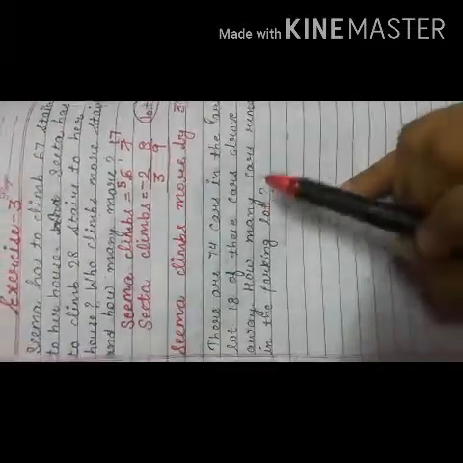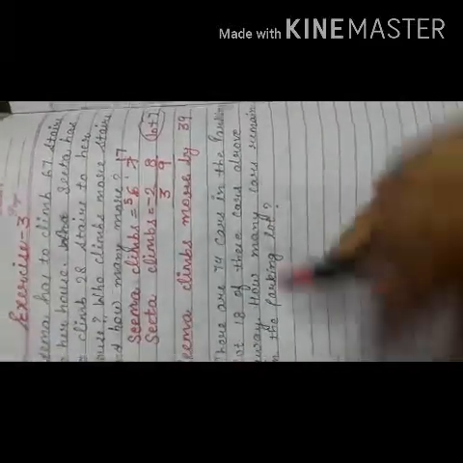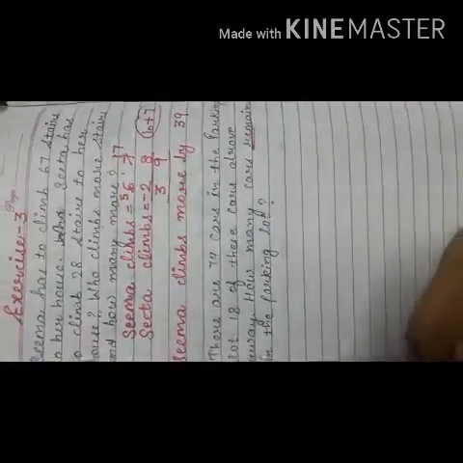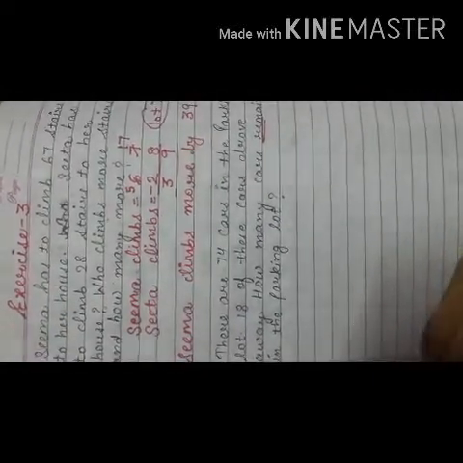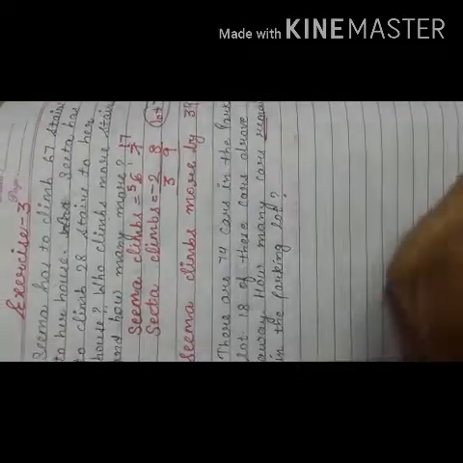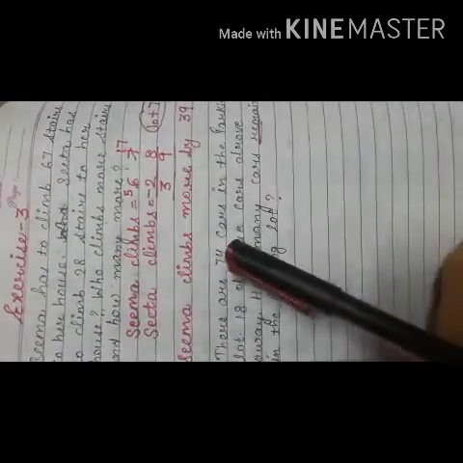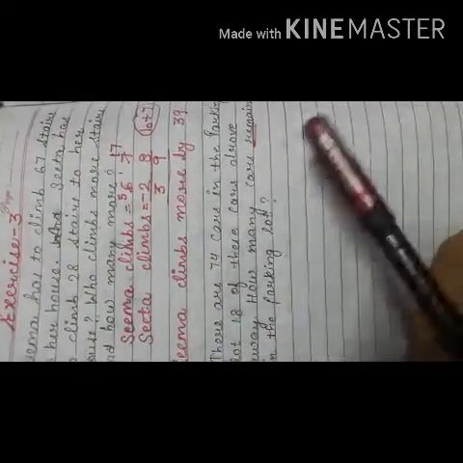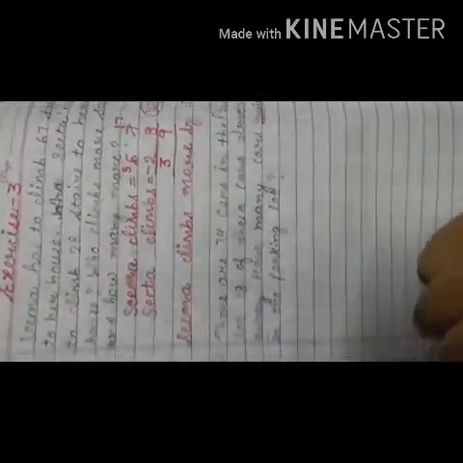And how many cars remain in the parking lot? How many cars remain means how many cars are left in the parking lot now. Initially we had 74 cars. These cars drove away. So how many cars remain?